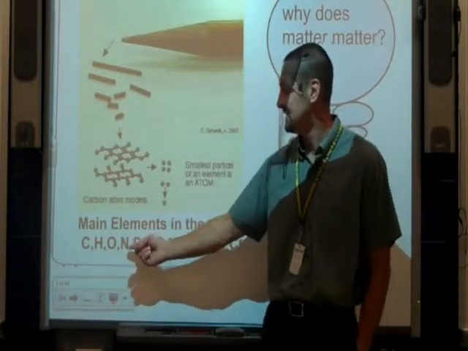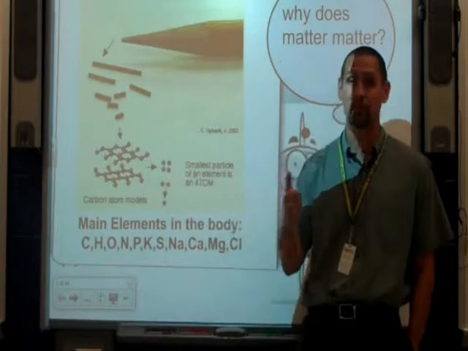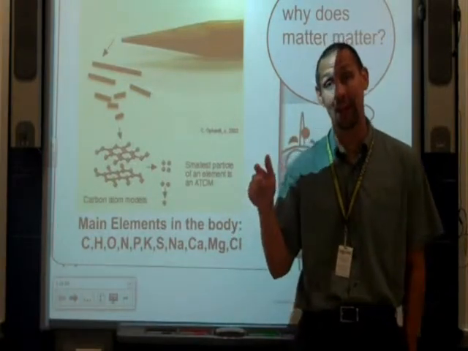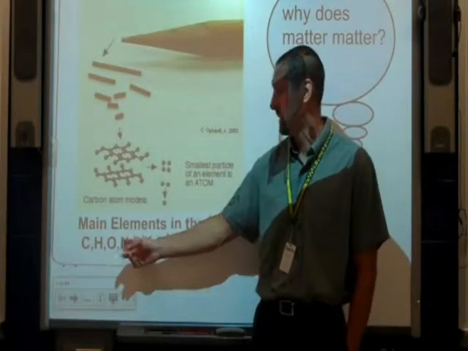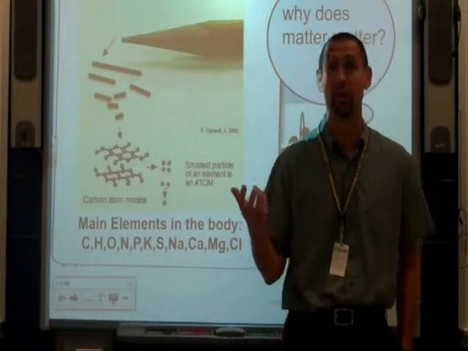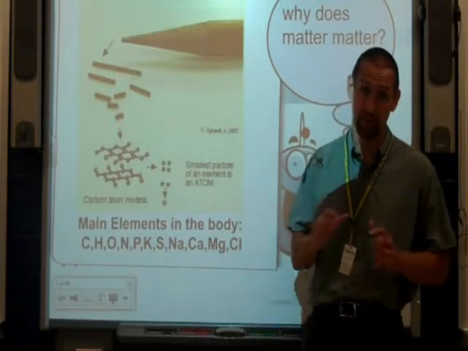You might remember what N stands for. Nitrogen. And nitrogen is important for building proteins as well as nucleic acids like DNA and RNA. Those are nitrogen-based compounds. P stands for phosphorus, which is also important for DNA, as well as ATP, this energy molecule in the cell.